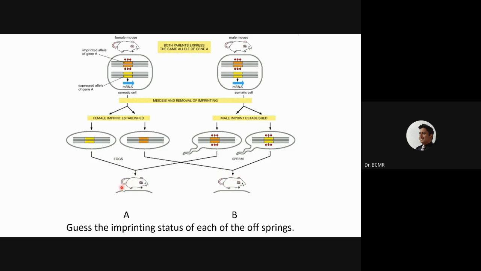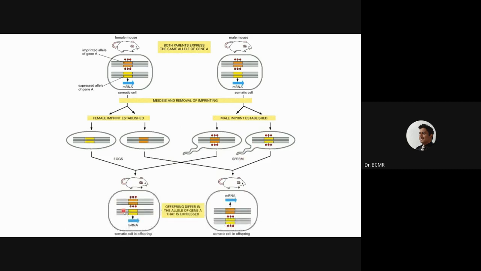Now, if you look at the somatoplasm of this individual, we'll have one copy of unimprinted gene A and one copy of imprinted gene A. The same is the case with the other one. One copy from here, unimprinted, and one here, imprinted. Eventually, there will be one copy of expression of gene A in both offspring. Right? I hope you understood a little bit about genomic imprinting.